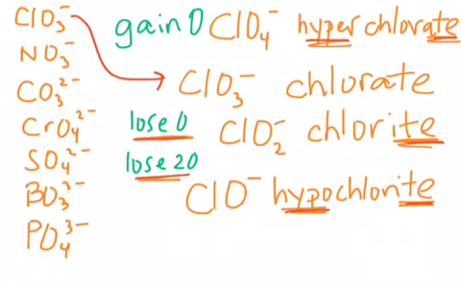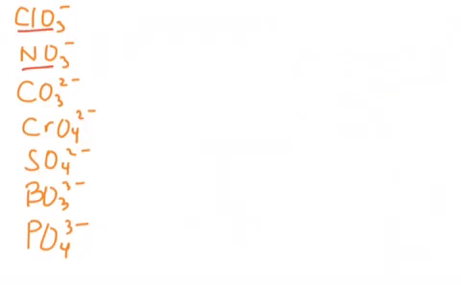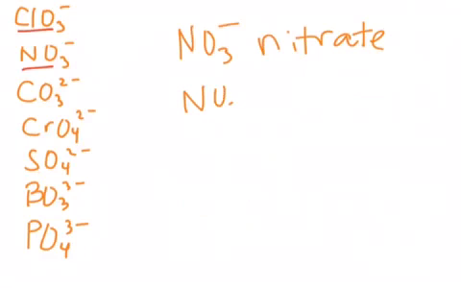So let's use that on another one on our next slide. If I pull out nitrate, NO3-, and I remove one of those oxygens, then I have NO2-, and that loss of oxygen means it's nitrite.